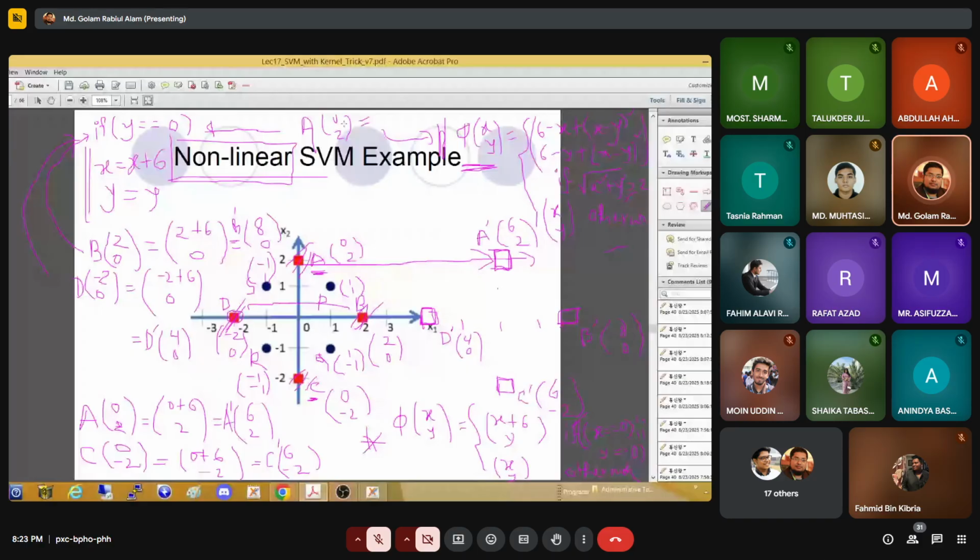So the square root of 0 square plus 2 square is 2. So the condition is satisfied. Okay, if the condition is satisfied, then we have to utilize this transformation function, 6 minus x. So what will we get?